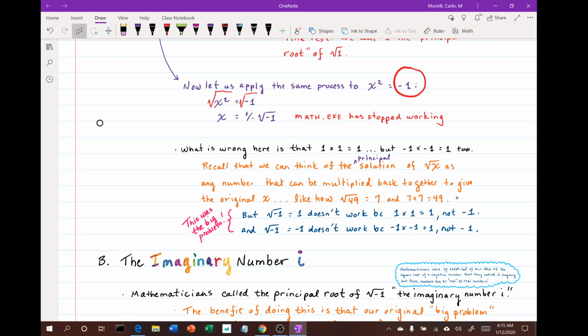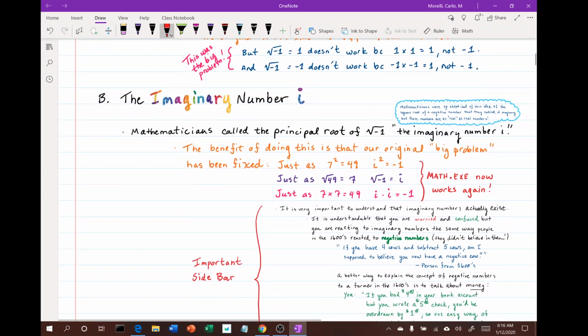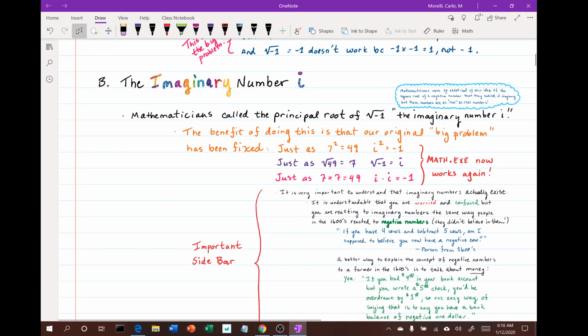And the square root of negative 1 equals negative 1 doesn't work because negative 1 times negative 1 equals 1, not negative 1. So you see the problem? They had to come up with something for the square root of negative 1. This was the genesis of our next section, the imaginary number i.